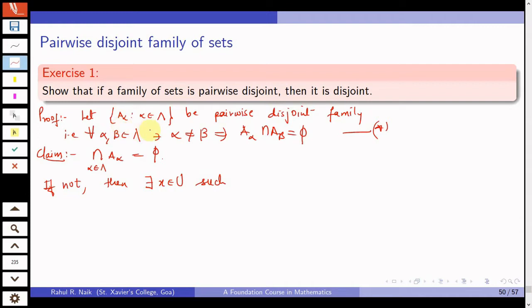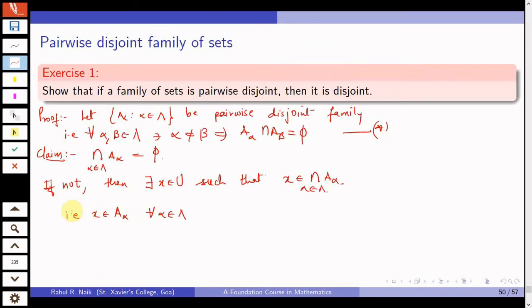I believe that each of these A alpha is a subset of U, and so we have a universal set for this, such that X belongs to the intersection of A alpha where alpha is varying over this. By the definition of this, this means that X is in each A alpha. So we write it in this way. This conveys that X belongs to every element in this family.